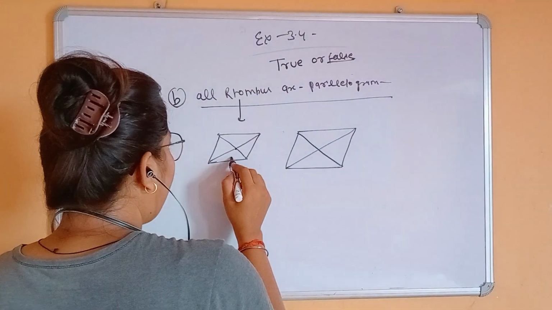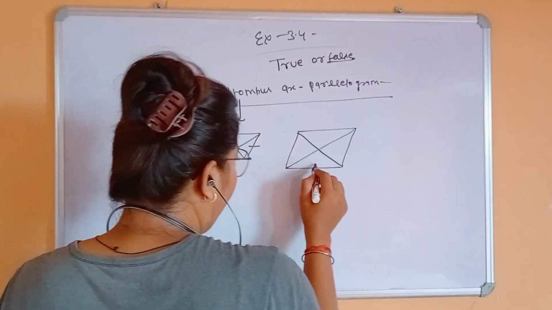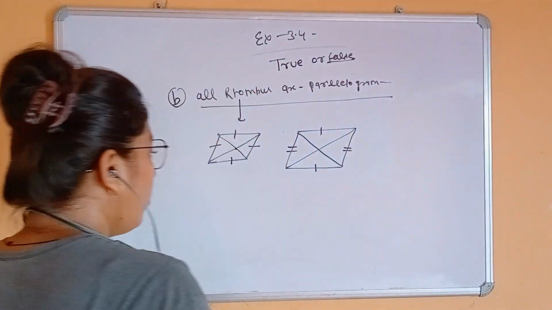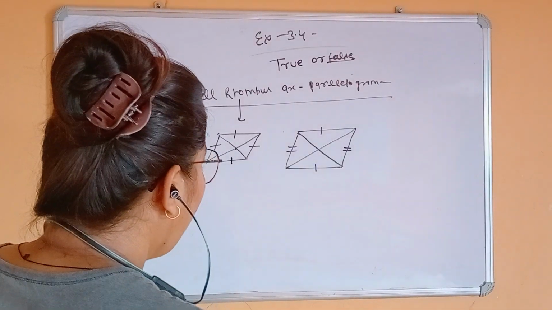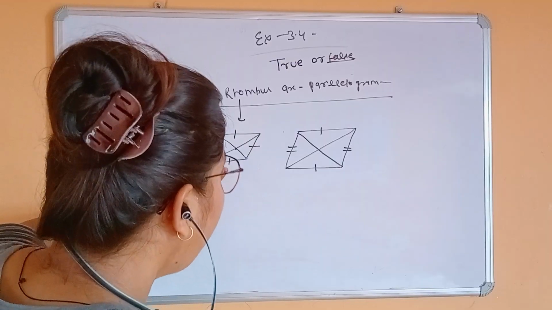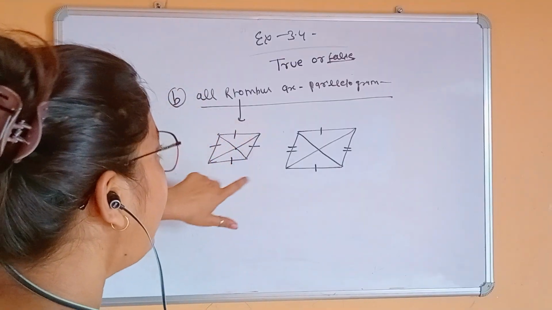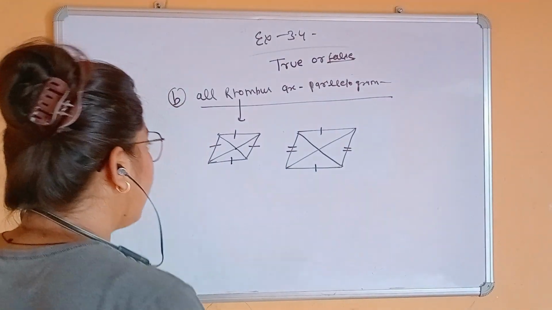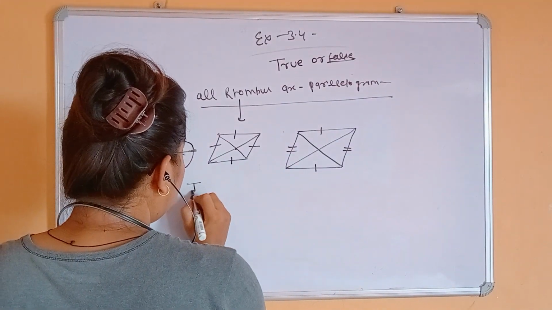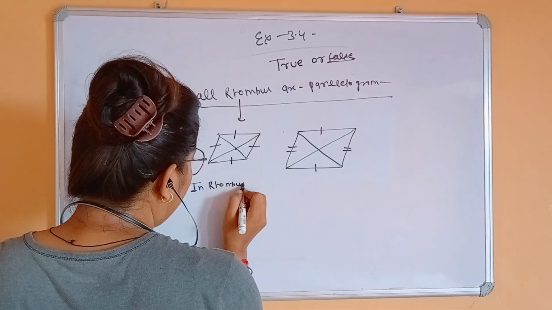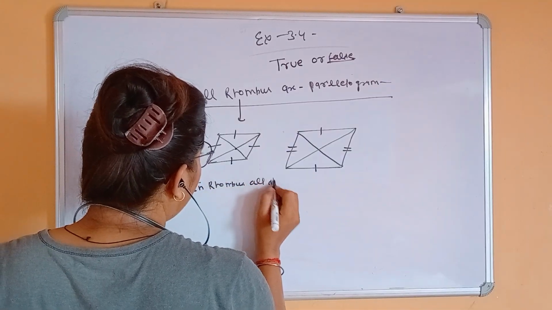Here we can say all sides are equal. Here two sides are parallel to each other. The diagonals also satisfy the parallelogram property. So in a rhombus all sides are equal.